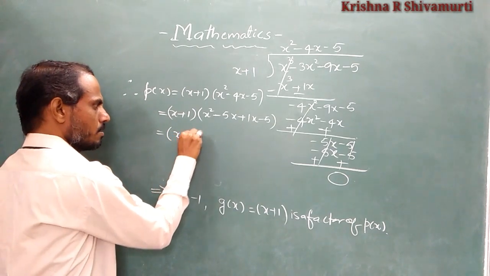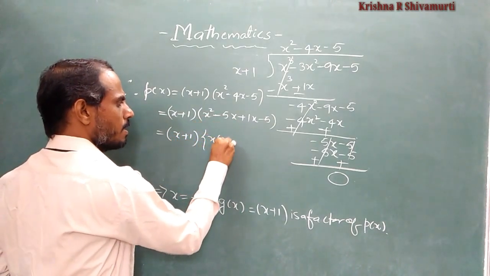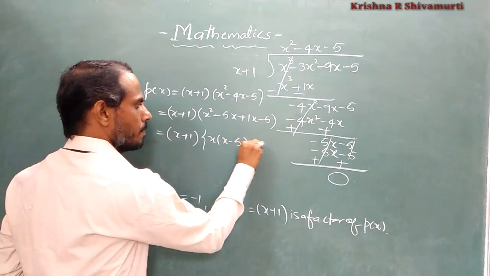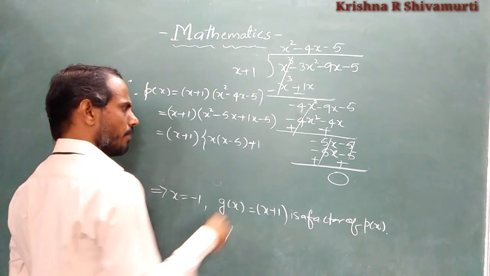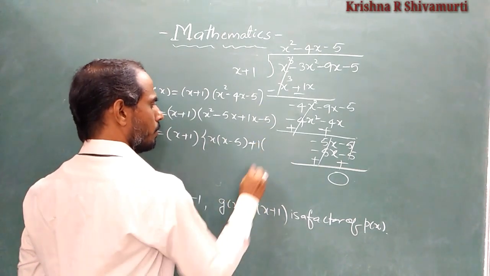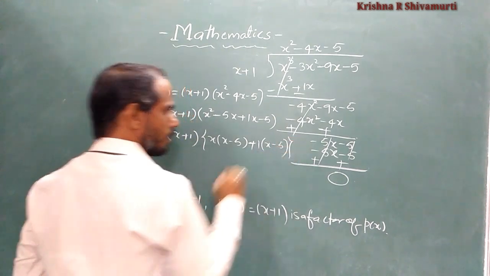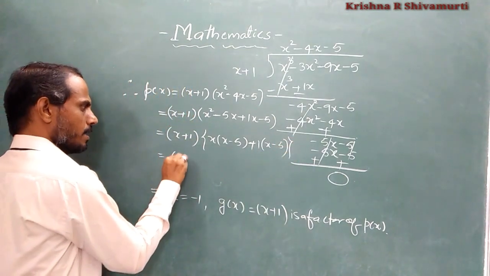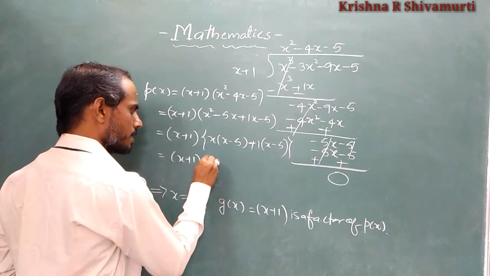x plus 1 into, what is common in the first term? x is common, x minus 5 remains. Nothing common means 1 is a common factor. Take 1 common, what is left? x minus 5. Next, x plus 1 into, what is common now? x minus 5.